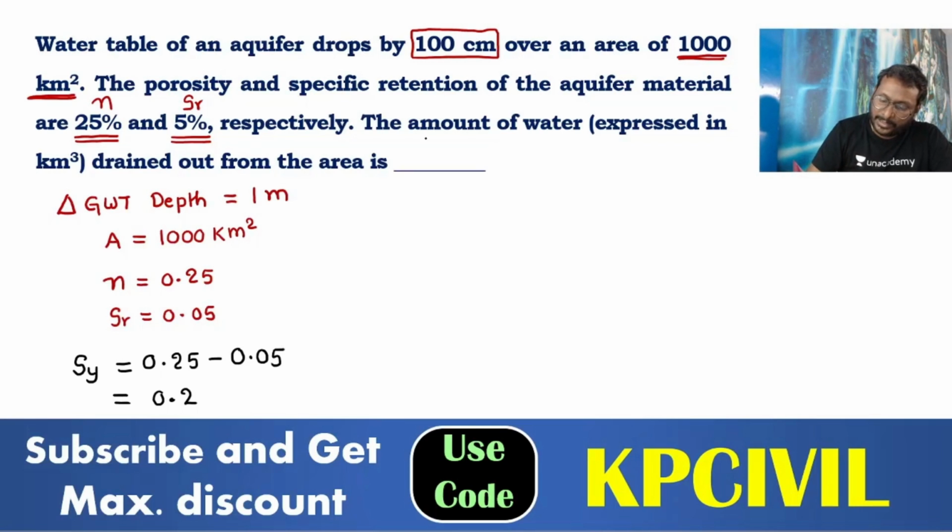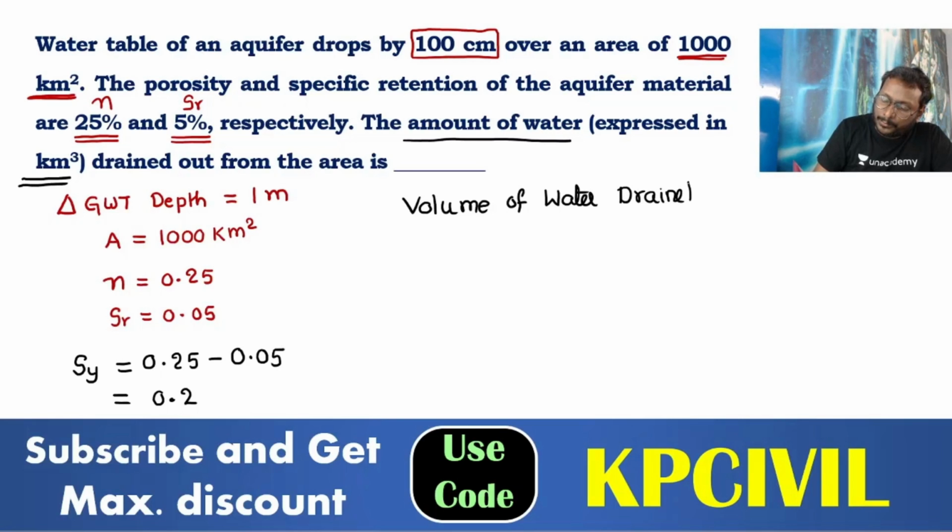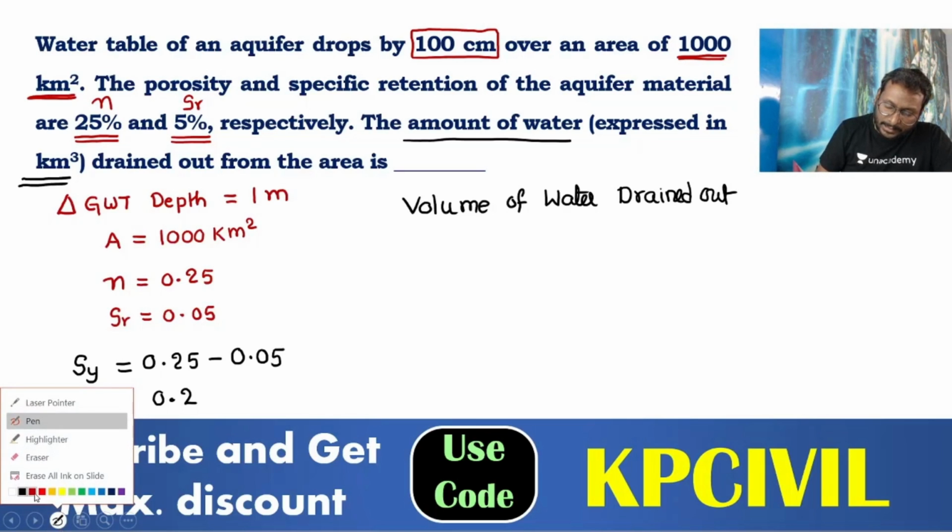Now, what is required? Amount of water drained out in kilometer cube. Kilometer cube means volume only. Volume of water drained out. We'll consider change in groundwater volume, delta GWV.